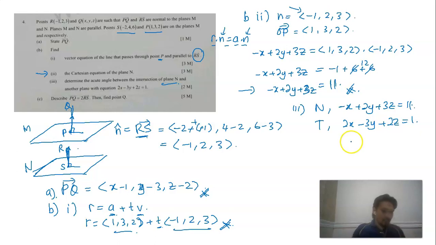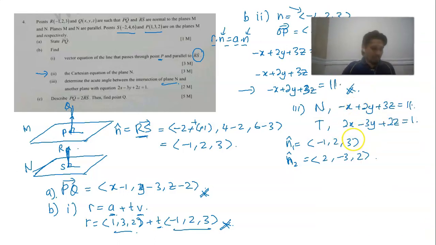Okay, so for this one here, we're going to use the normals of these two planes. The normal of plane N, which is (-1, 2, 3), is n1, and n2 for this one here is (2, -3, 2).